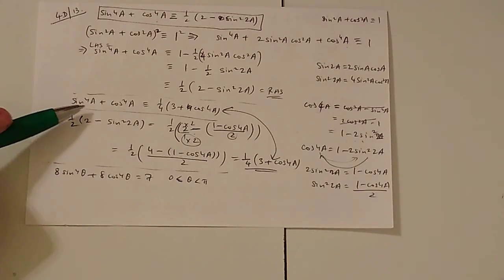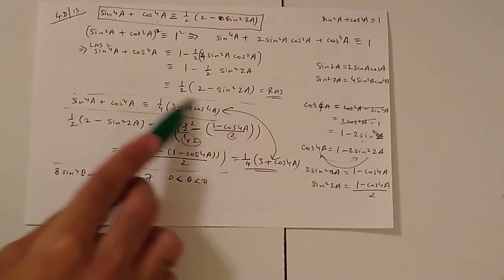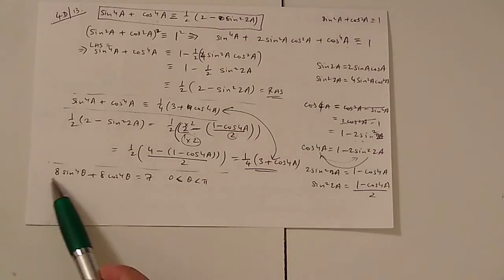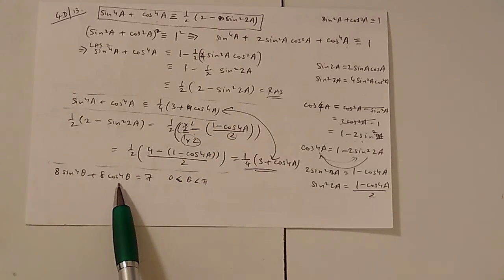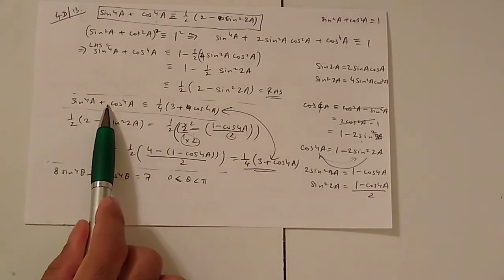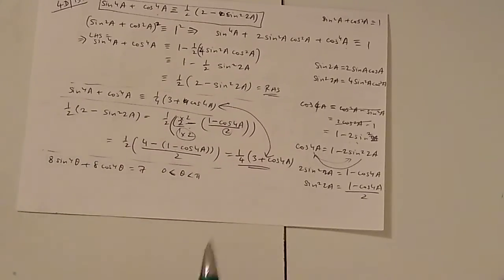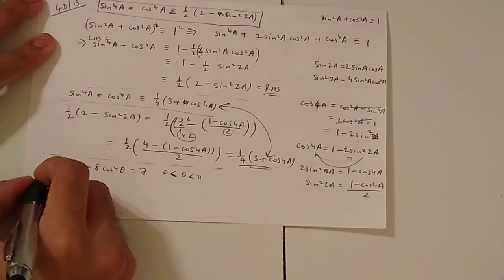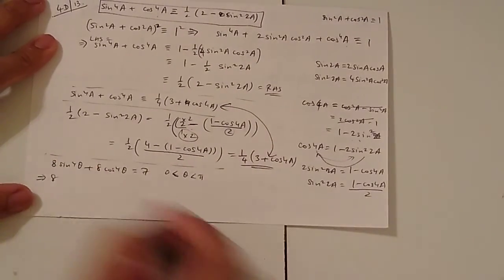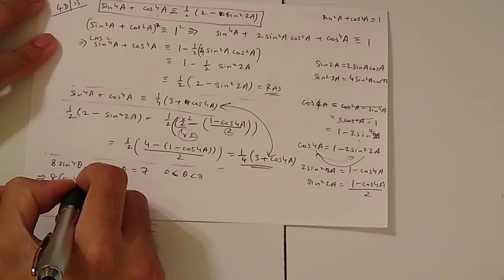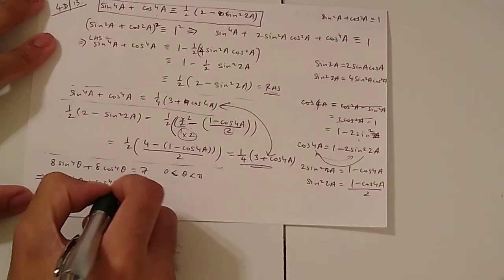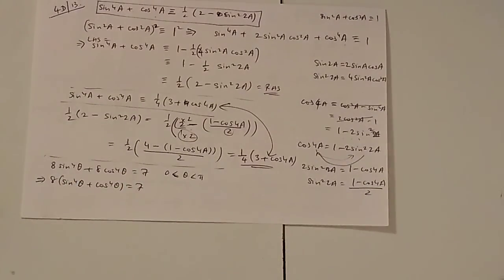In the previous part we had sin raised to 4a plus cos raised to 4a equals this expression. Over here you have 8 sin raised to 4 theta plus 8 cos raised to 4 theta, which is not exactly this expression, but if we factorize 8 out, in that case we can get this expression in an equation. So let's factorize 8 out. We get sin raised to 4 theta plus cos raised to 4 theta, that is equal to 7.